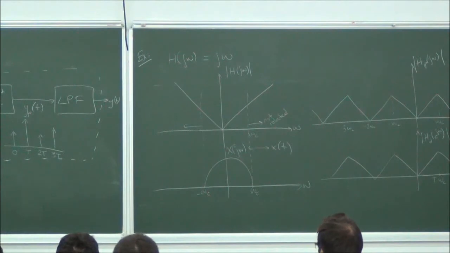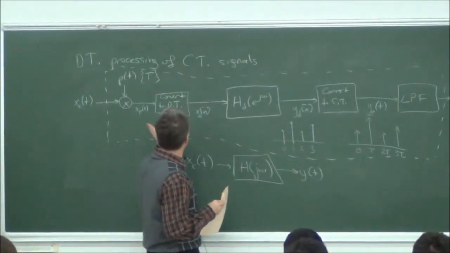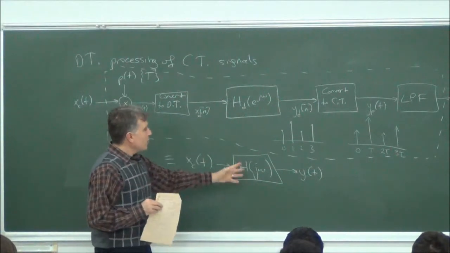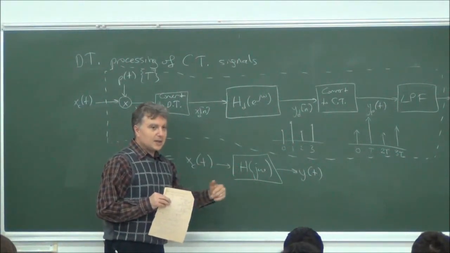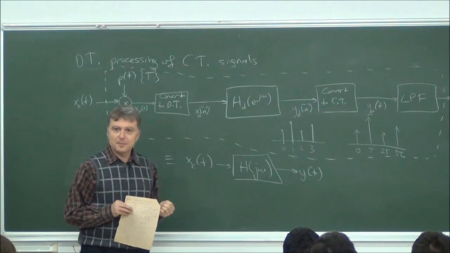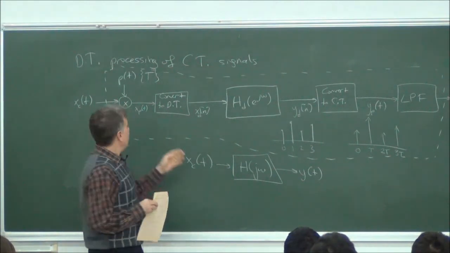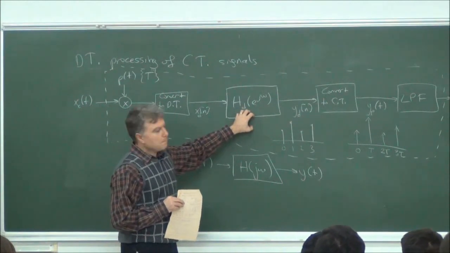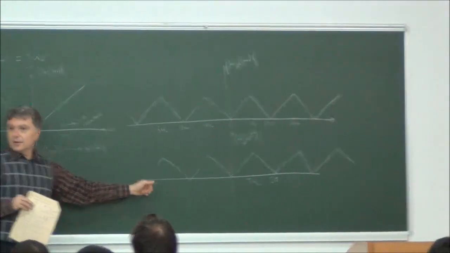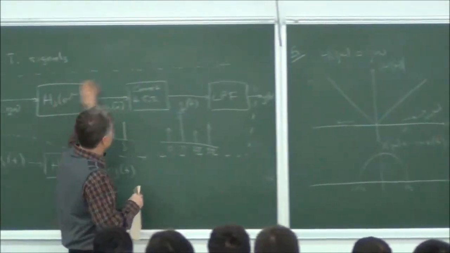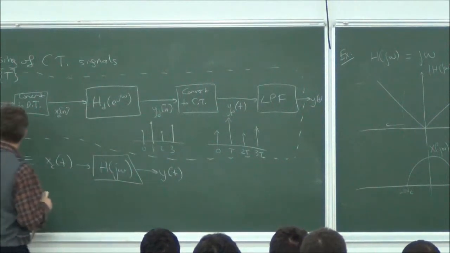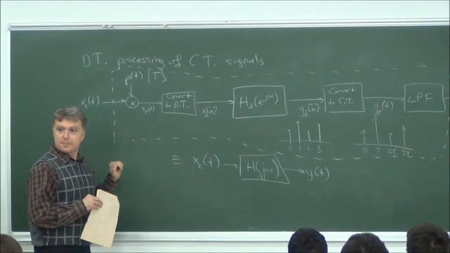And what did I do? I didn't apply a derivative filter. This overall large system corresponds to a derivative filter, but I didn't apply a differentiator. Instead, I sampled it, applied a discrete time system with a frequency response like this, and then converted back to analog, and the output here, y of t, is the derivative of xc of t.